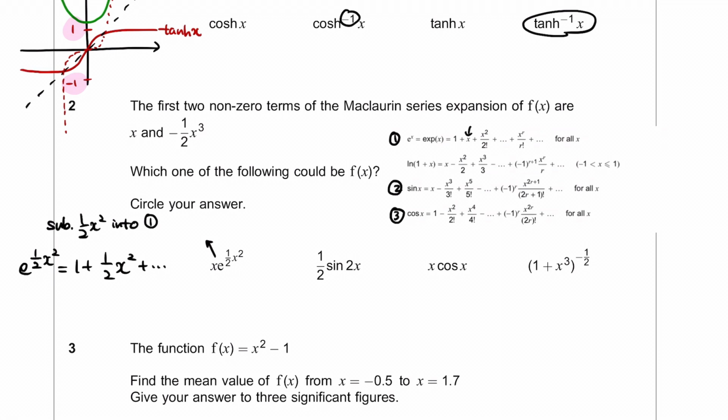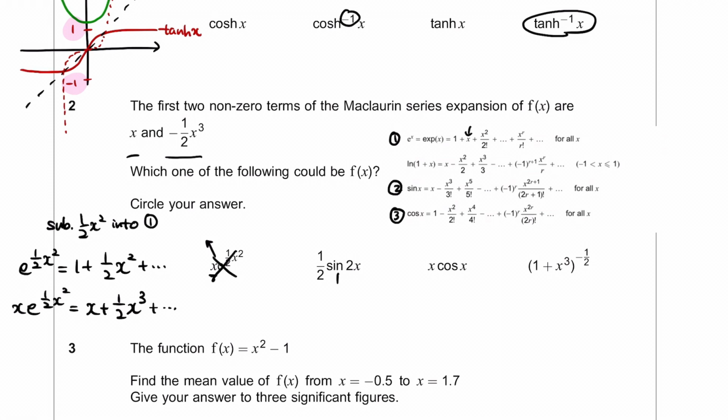And we have this x in front of the exponential function, so we're going to multiply x to the entire function. So 1 becomes x, and half x squared becomes half x cubed, and then everything else has higher power than 3. The question is asking for x and -half x cubed, therefore it's not the correct answer.